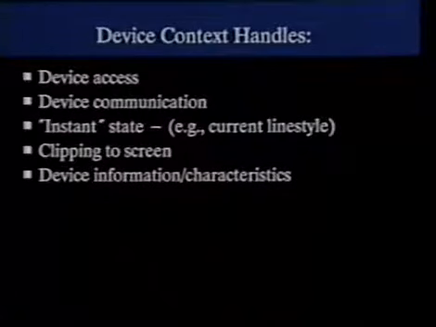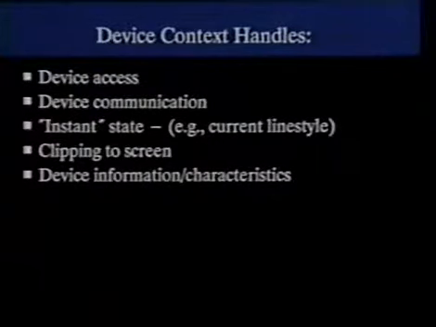That's about all it knows. It doesn't know that there are 15 clients out there, some of which hold red wide lines and others of which hold narrow dotted lines and so forth. The device context handles all the clipping to the screen boundaries that we saw, which may be irregular. And it provides to the application program any requested information about the actual characteristics of the underlying device.